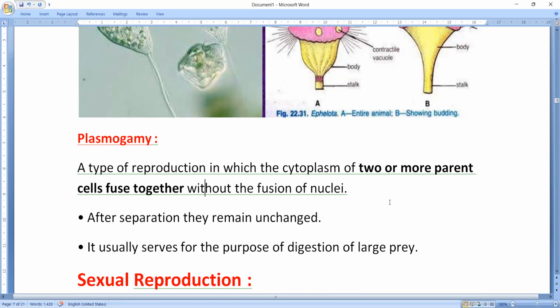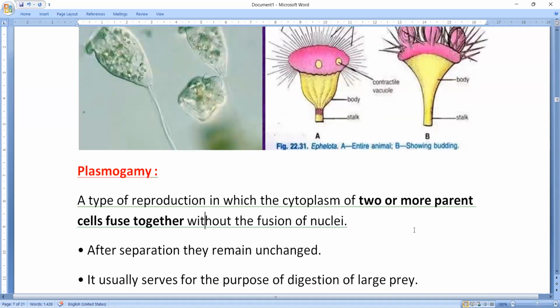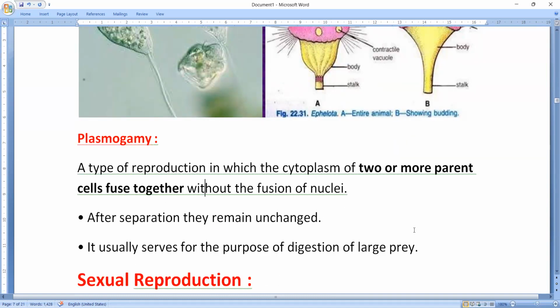So even though two organisms are fused, their nuclei are not fused. Okay. So after separation, they remain unchanged. అవి మళ్ళీ సెపరేట్ అవుతాయి. సెపరేట్ అయితే ఏ యానిమల్ యొక్క న్యూక్లియస్ దానికి ఉండిపోతుంది. So it is a temporary union, that is okay. So mostly occurs in rhizomes.